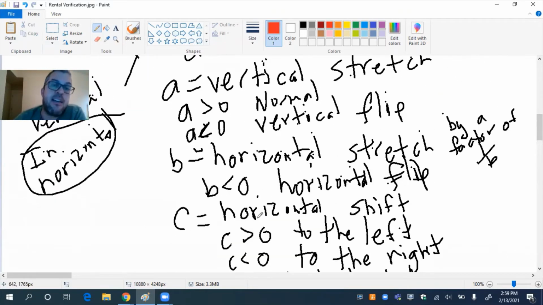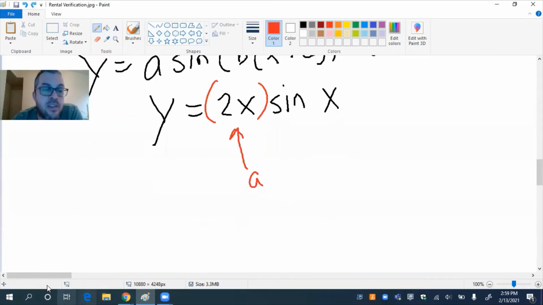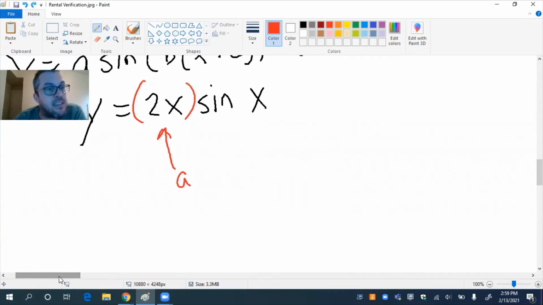If you recall back here, a is the vertical stretch, and I've replaced a with a linear function. So what that means is that this sine of x is going to be stretched up to this linear function. Well, what does that linear function look like? I also want to mention that these are really just sketches.